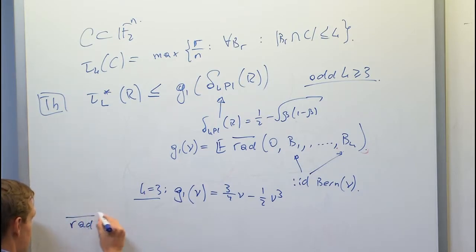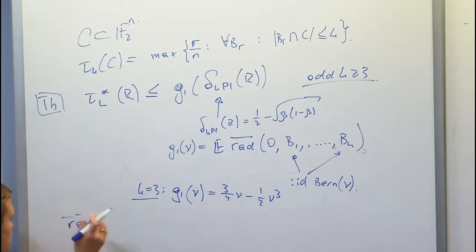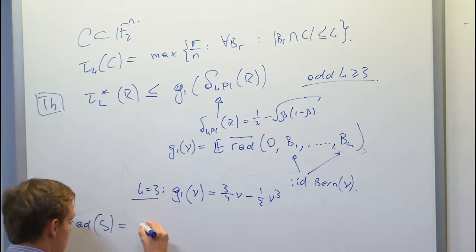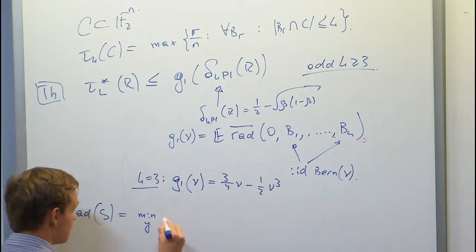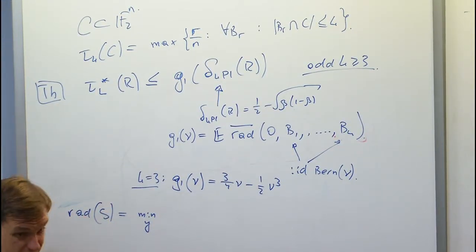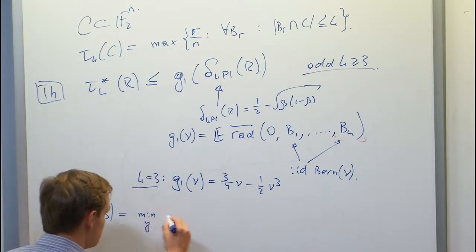First of all, what's the usual radius? The usual radius of any set is the minimum over all possible centers. Basically, it's the Chebyshev radius, the smallest circumscribed sphere. So it's the minimum over y.